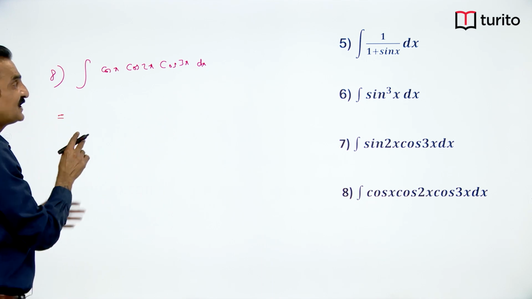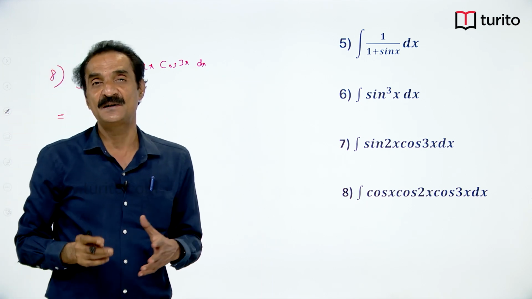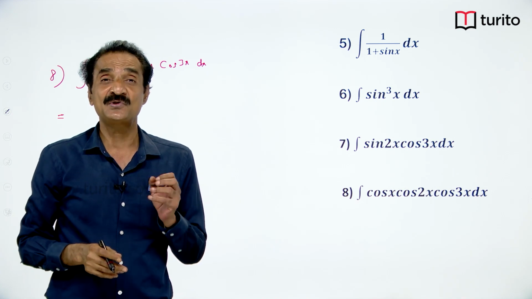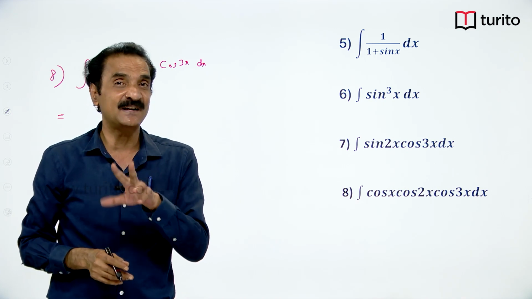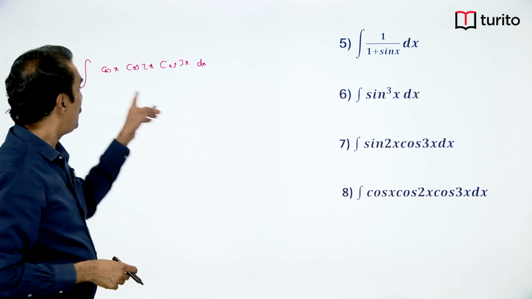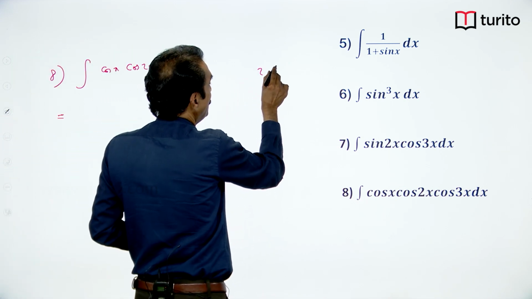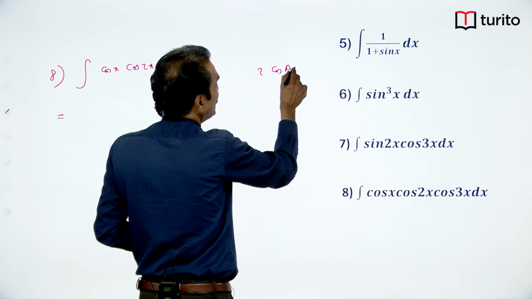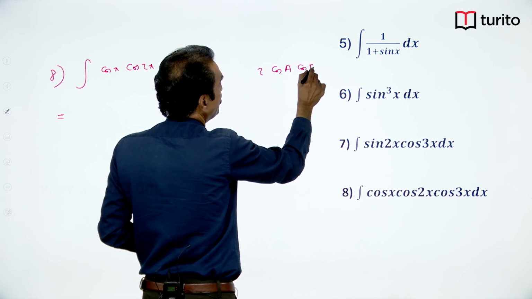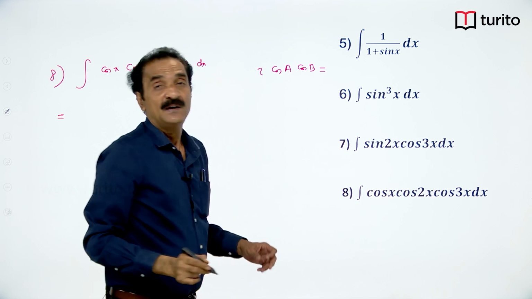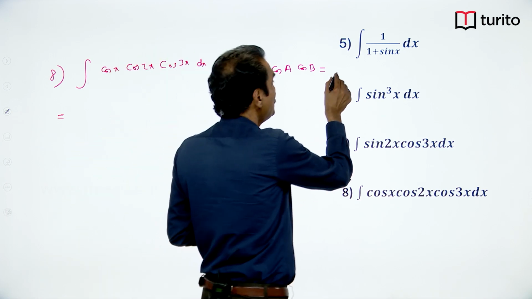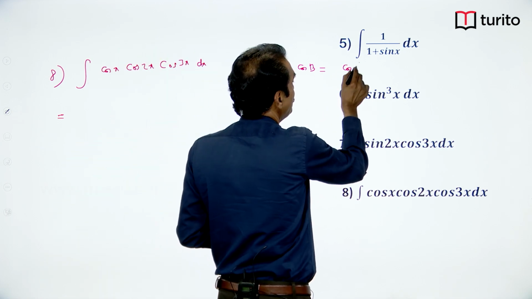We have to decompose this product into a sum or difference, but we can use transformations for two terms at a time. All are cosines, so take the formula 2 cos A cos B is equal to cos A plus B plus cos A minus B.